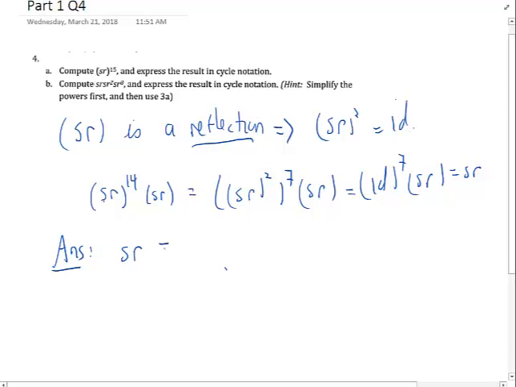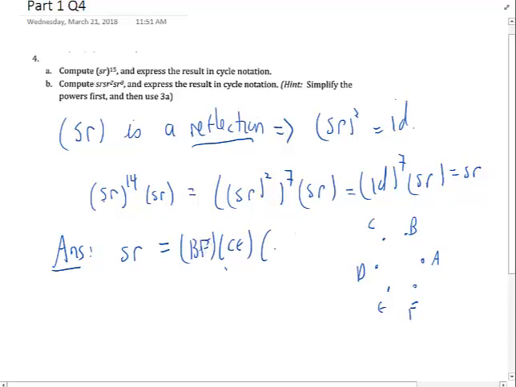And if you want SR in cycle notation, we know S is going to be the flip that leaves A fixed. So just to remind yourself, the flip that leaves A fixed is going to be BF times CE. That's an F, sorry.